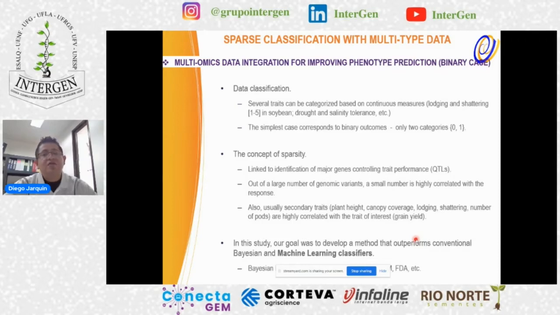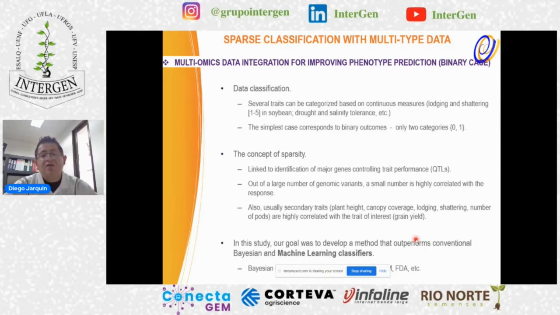In this case, we try to leverage the concept of sparsity that is linked to the identification of major genes controlling trait performance. Again, out of a large number of genomic variants, a small number is highly correlated with the response. Also, secondary traits usually have a lot of information with respect to the main trait of interest, like, for example, yield. We can use canopy coverage, lodging, shattering, etc.